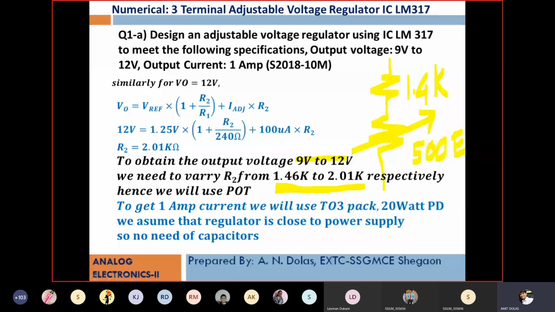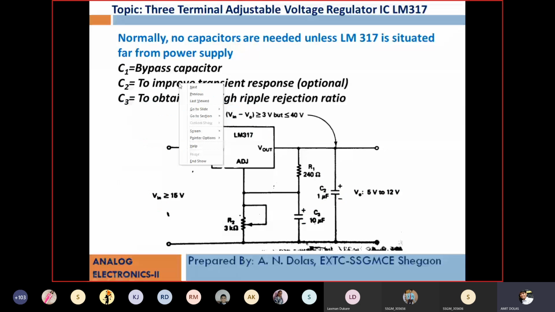To get 1 ampere current rating, we use the TO3 pack, which has 20 watt power dissipation. We assume that the regulator is close to the power supply, so there is no need of a capacitor. If somebody mentions in the problem statement that the LM317 is located away from the power supply, then you have to remember the values of capacitor recommended by the manufacturer.